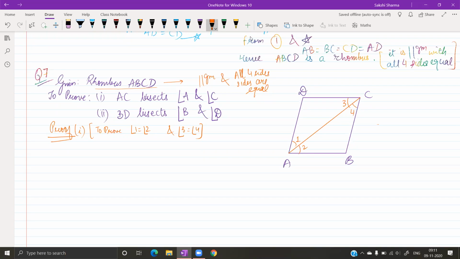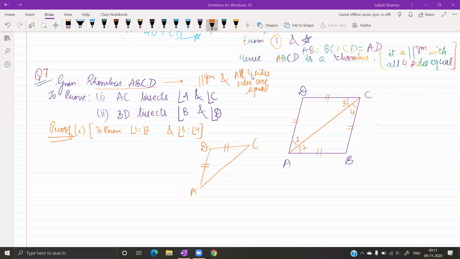Since it's a rhombus, all sides are equal. I'm going to pick one triangle, triangle ADC. In this triangle, AD is equal to CD because all four sides of a rhombus are equal. And then eventually I will have the same property which I used in triangles.